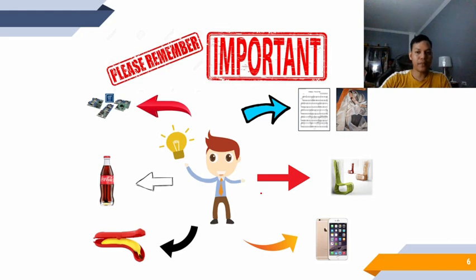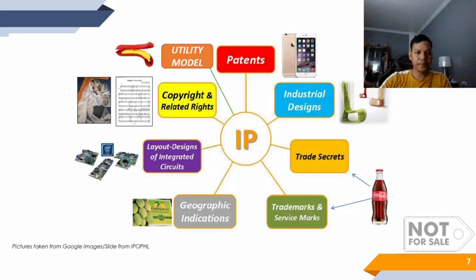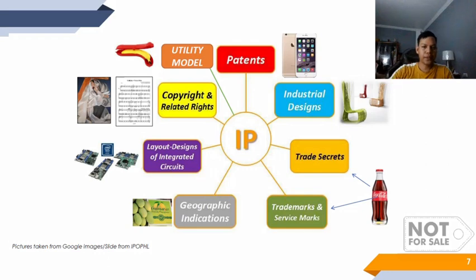So it was provided by the Constitution. Intellectual property rights have these different parts, as I mentioned a while ago. We have patents, industrial designs, trademarks and service marks, geographical indications, layout designs of integrated circuits, and copyright and related rights.